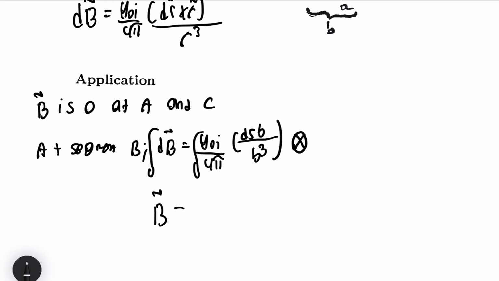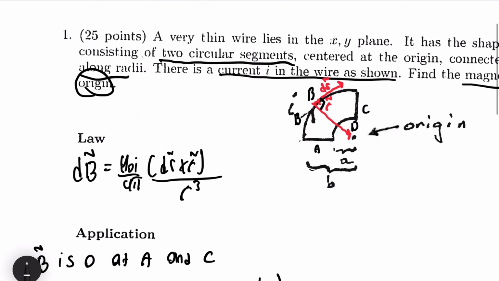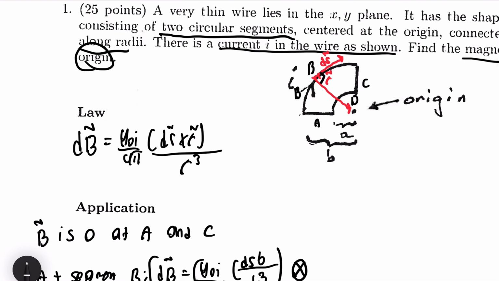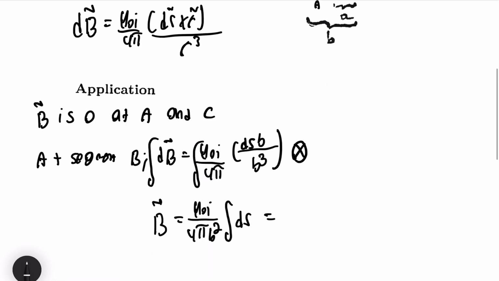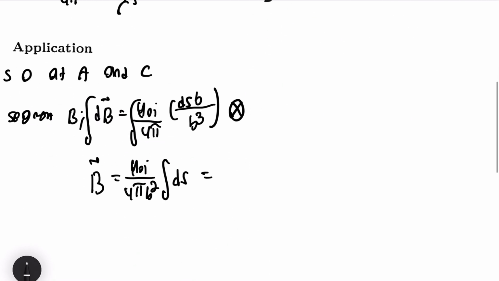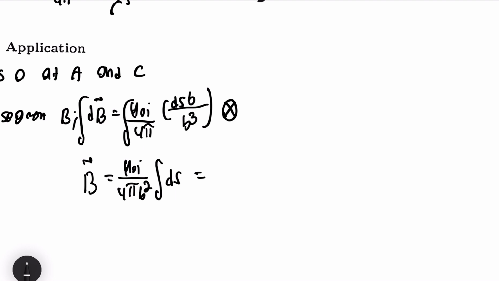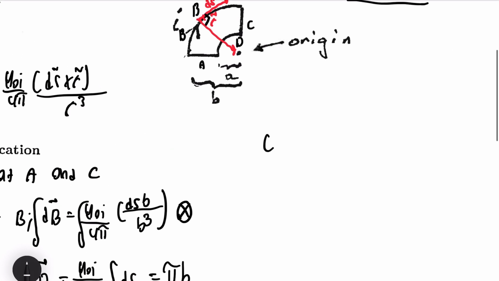So B is equal to, I can pull out the constants, mu naught I divided by 4 pi. B divided by b cubed is 1 over b squared, and I'm left with the integral of ds, where ds is the length. In this case, it's a quarter circle with a radius of b. Circumference is 2 pi b.